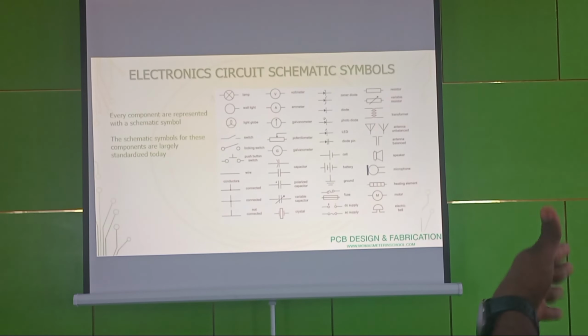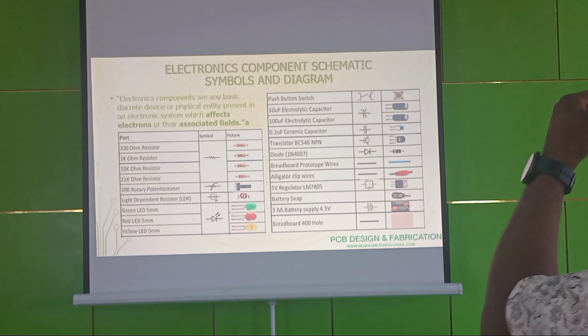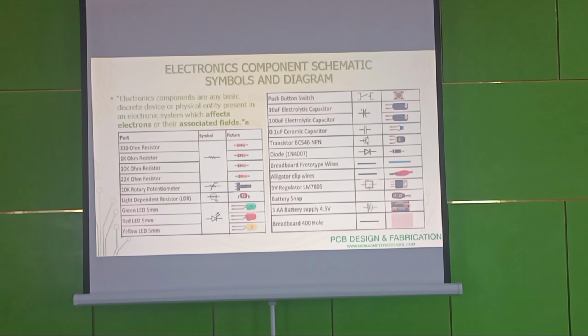And it's very important you can identify them. When you are given a schematic, you should be able to say, oh, this is a resistor, this is a thyristor, this is a diode, or this is an LED. All those components you must have good knowledge about graphical symbols. And you can see that those are some components and they are graphical symbols.